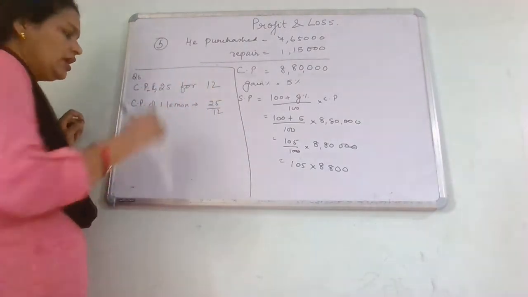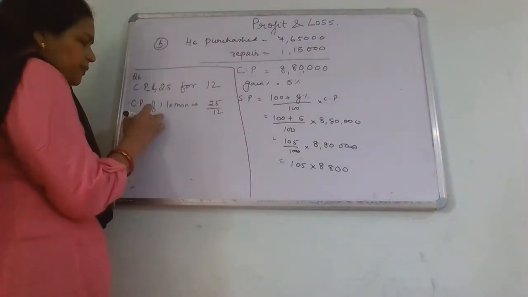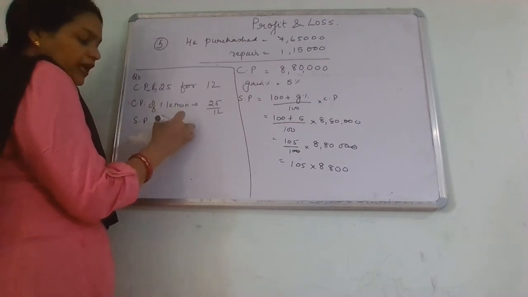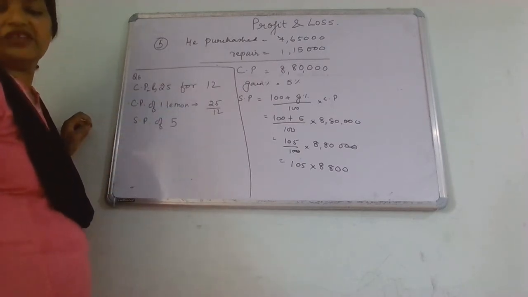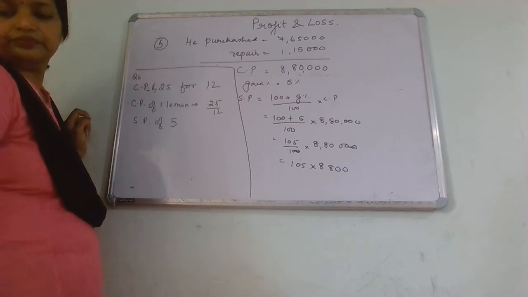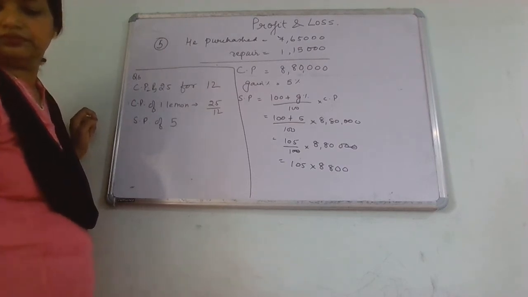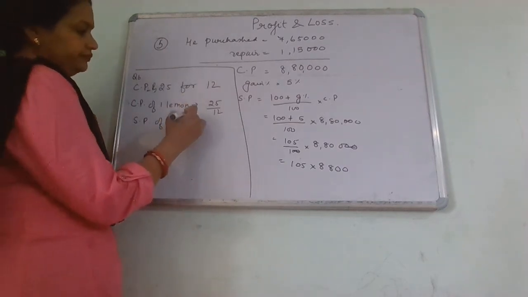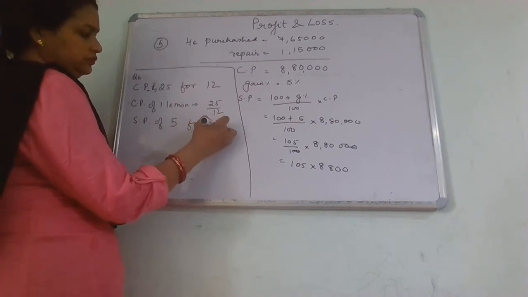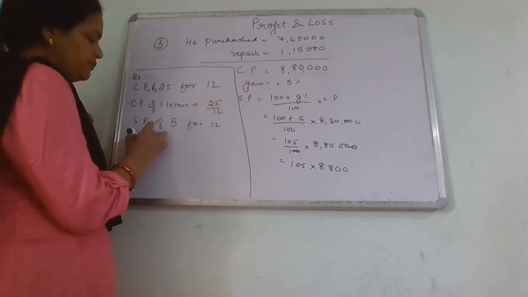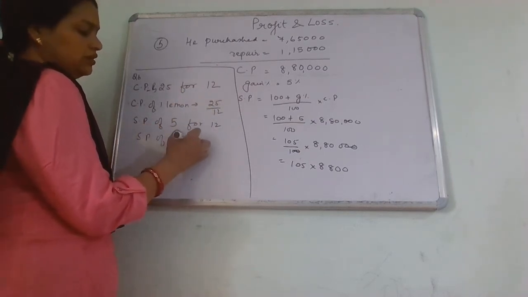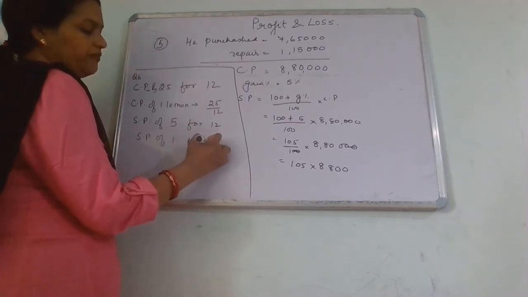Then SP of 5 is given as 12, so SP of 1 is 12 by 5.